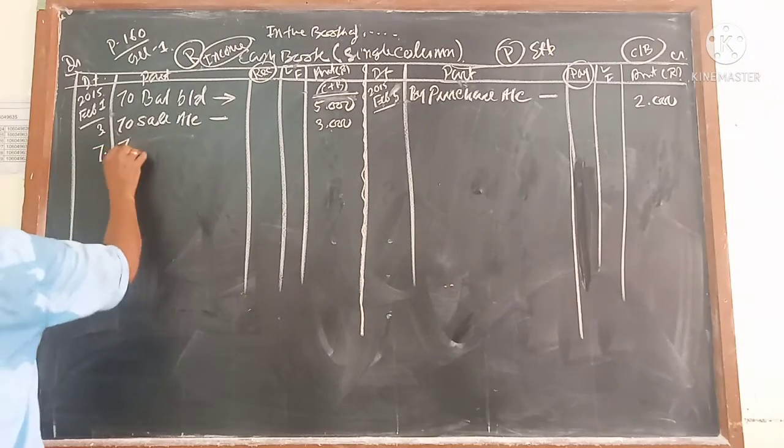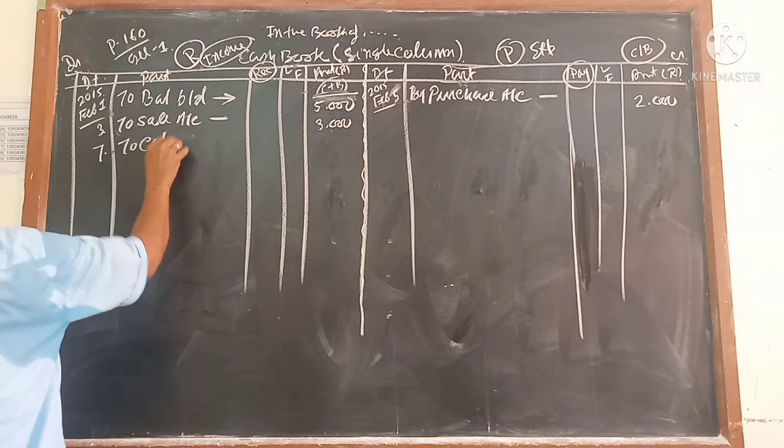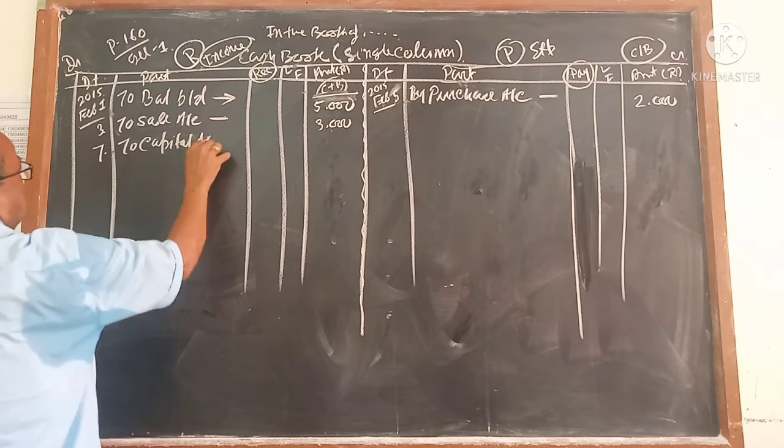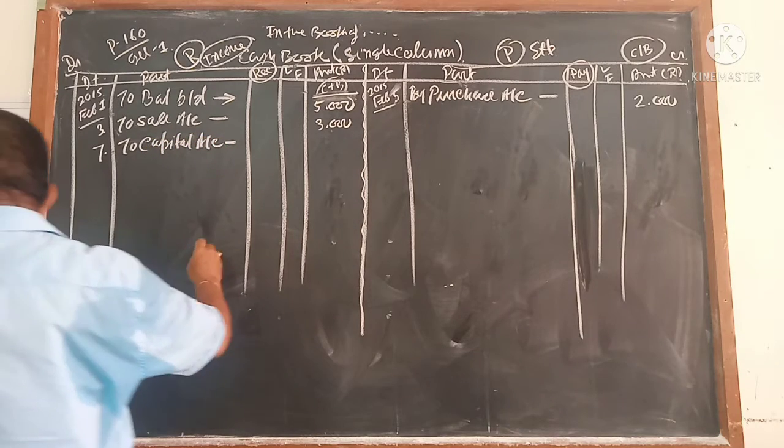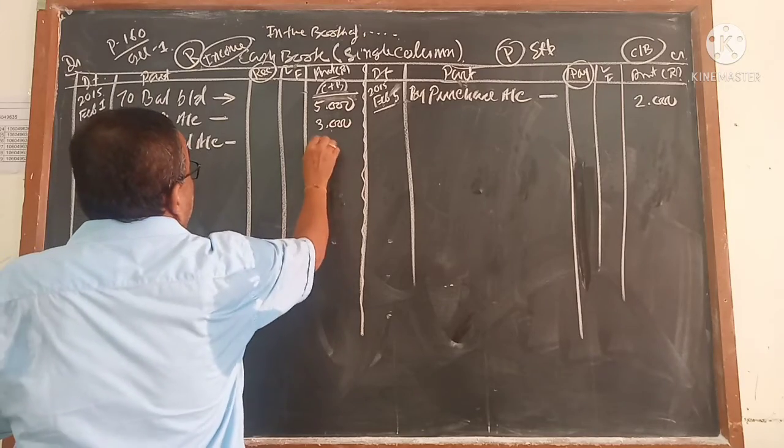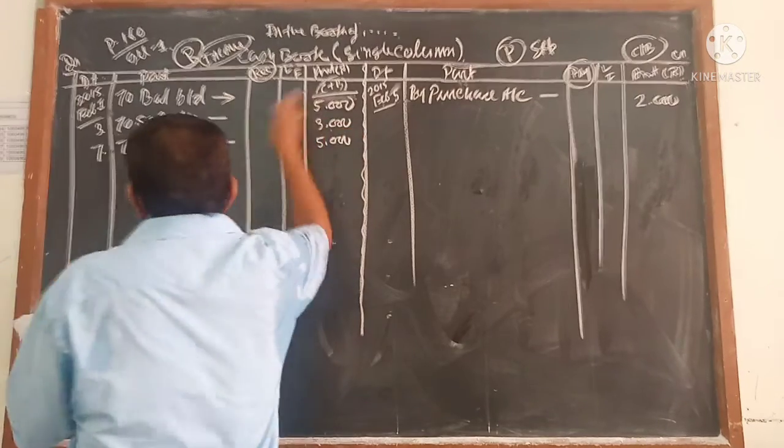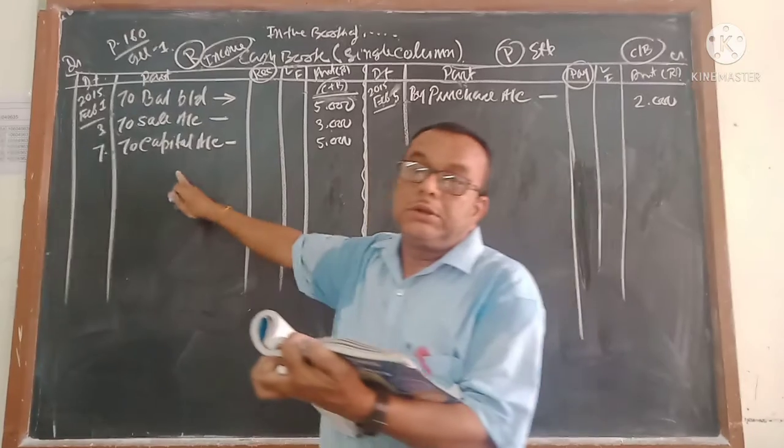Seventh one, to capital. How will you understand which one you will write? This is 5,000, cash is coming as capital.